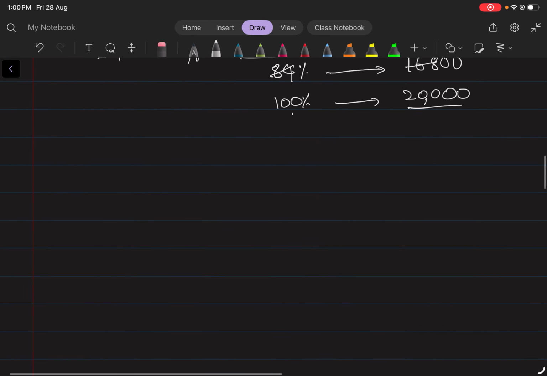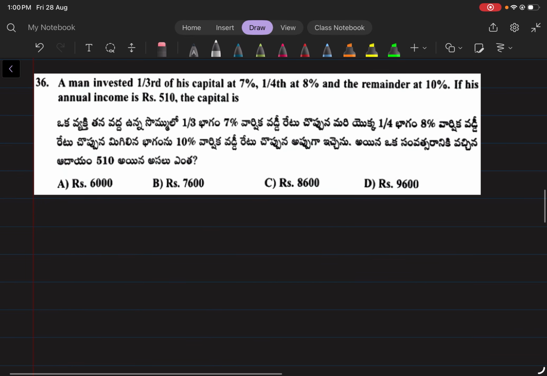Nice. One more question. A man invested one third of his capital at 7% per annum, and 1/4 at 8% per annum.